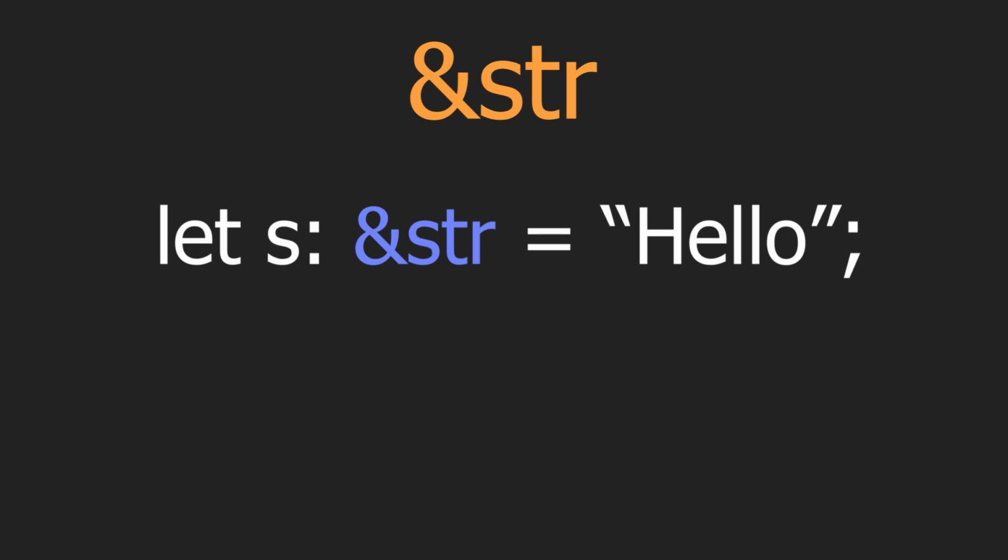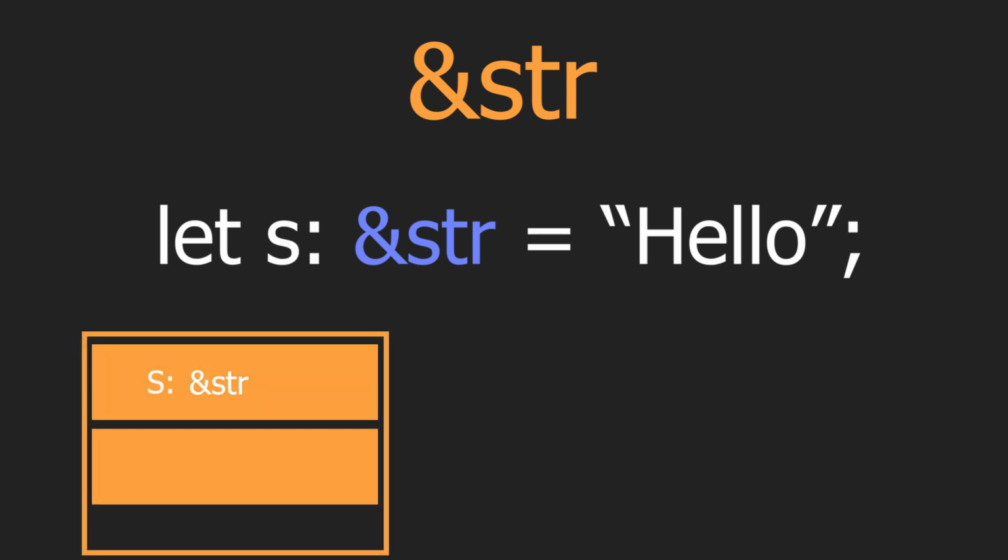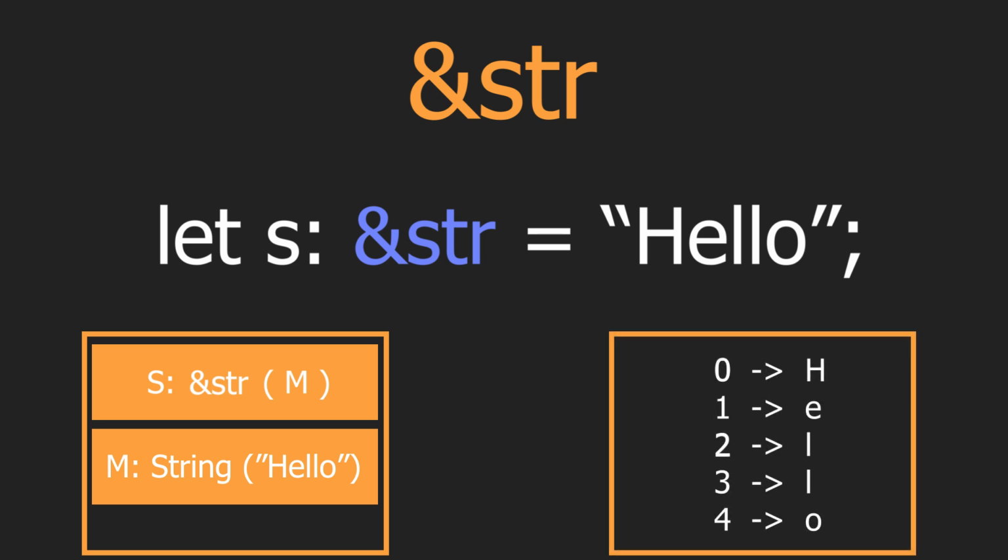In contrast with String, &str is a reference to a UTF-8 encoded string slice and does not own its data. It can point to string data located in stack memory, like string literals, or within a String on the heap. When &str points to data on the heap, it acts as a view into the heap allocated string data without owning or managing the memory itself.